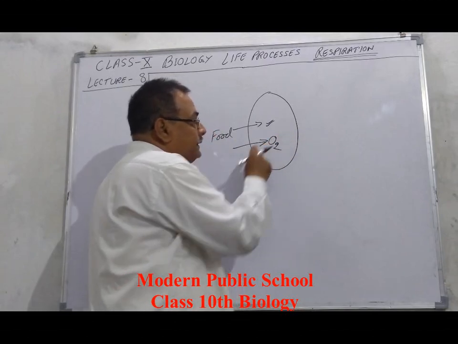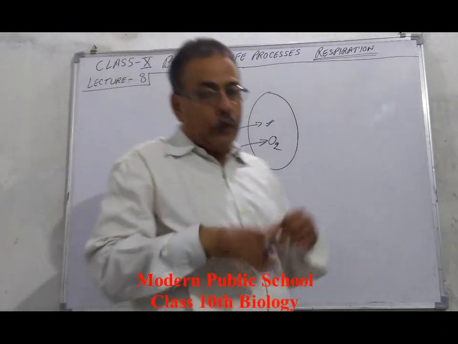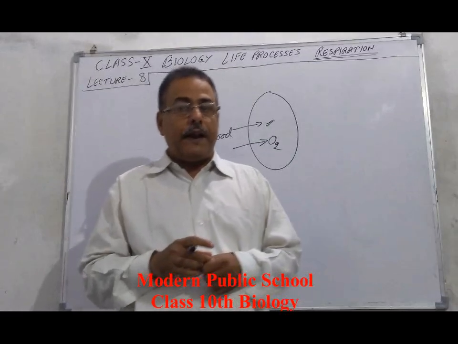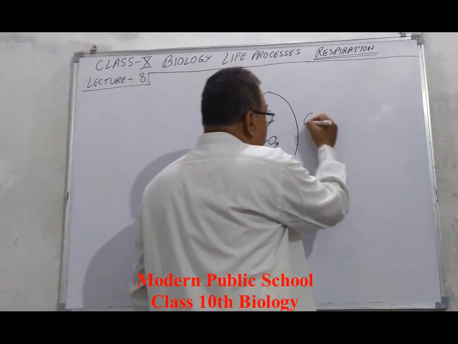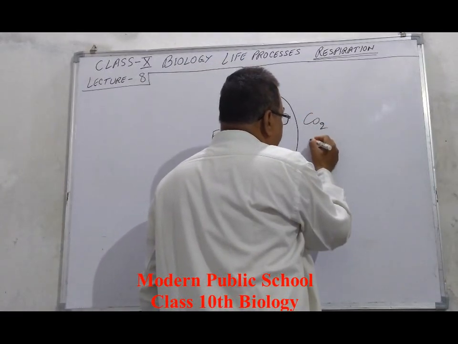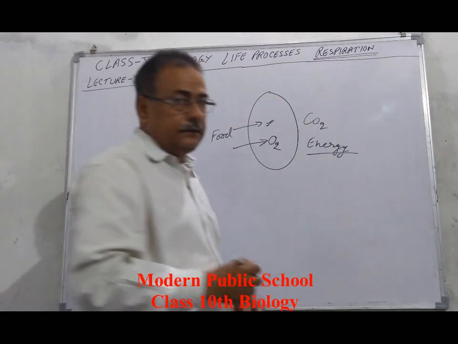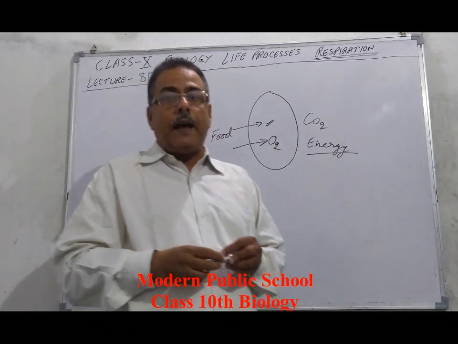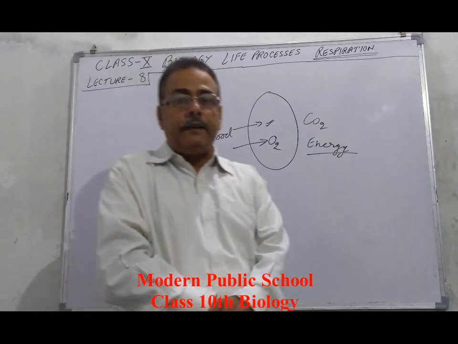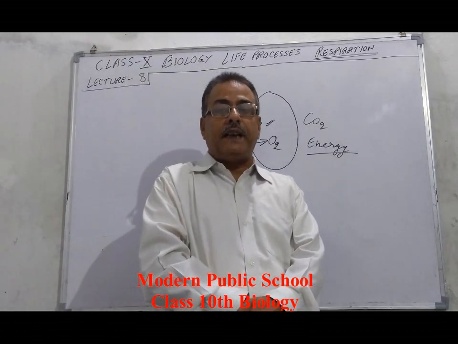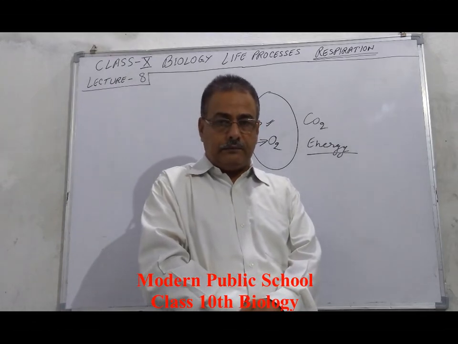In the presence of this oxygen, the food further breaks down and releases carbon dioxide and energy. The release of energy from the absorbed food by the cell is termed respiration.